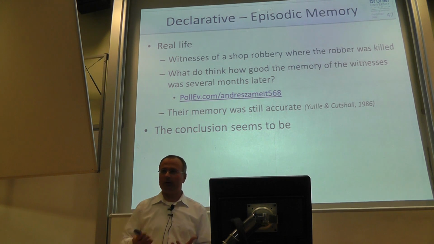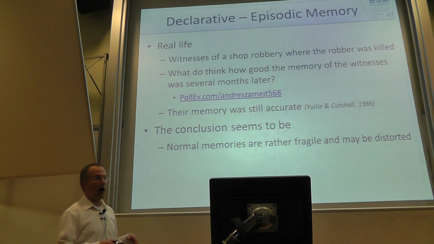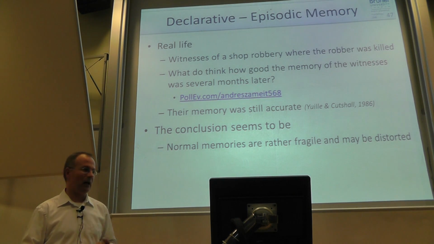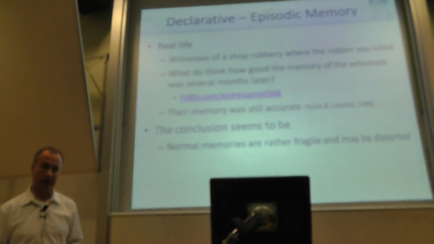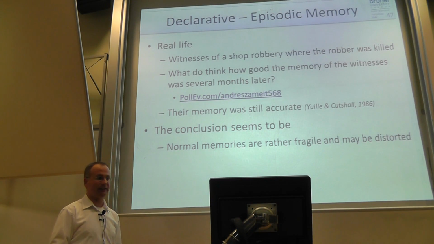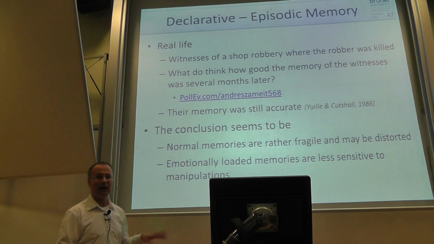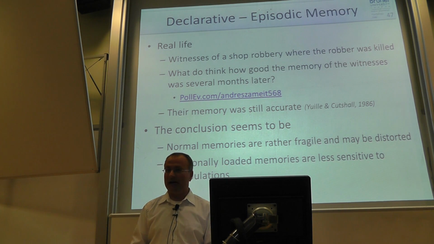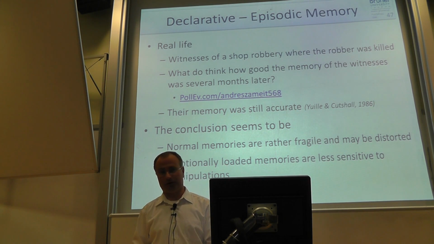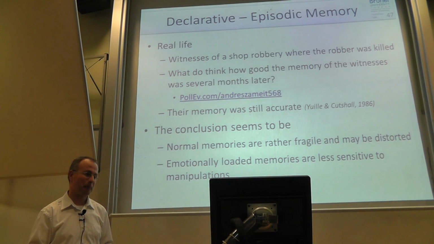So a conclusion at this point in time seems to be that our normal memories are rather fragile and are prone to be distorted by conflicting information. However, emotionally loaded memories are less sensitive to that, which does not mean they are absolutely robust and immune, but they're a bit more stable.